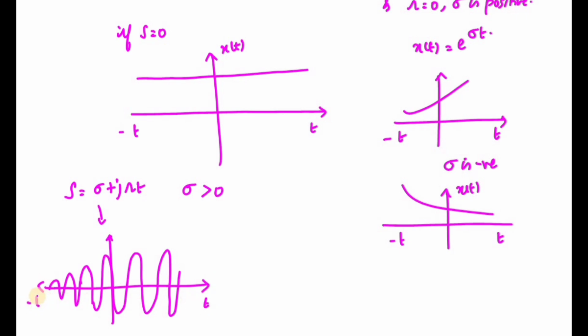And in a similar way, if it is less than 0, you will get a signal that is continuously decreasing. In addition to this one, you have a Gaussian function like that.